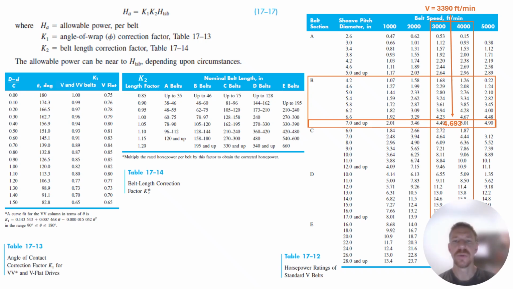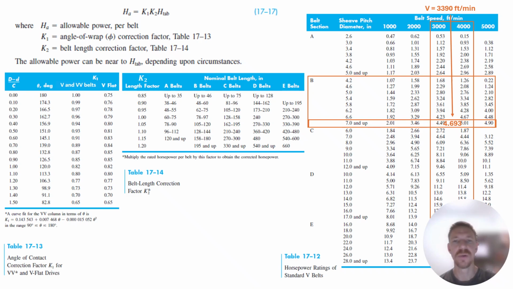So we interpolate for the sheave diameter that is greater than 7 inches, and 3390 is 39% of the way between 3,000 and 4,000. So you can take the difference between 5.01 and 4.49, and then take 39% of that difference and add it to the 4.49 to get 4.693.